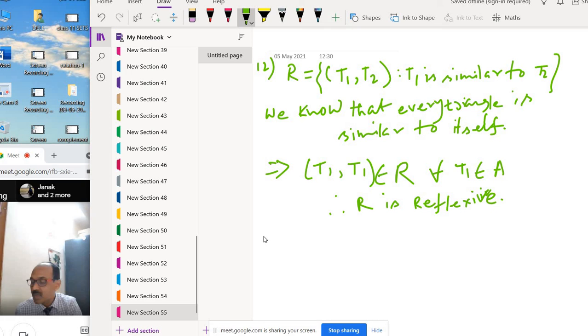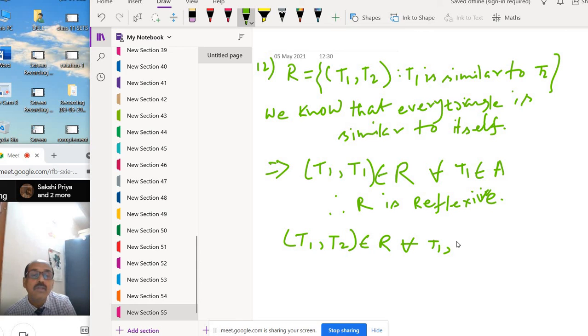So (T1, T2) belongs to R for all T1, T2, both triangles belonging to set A. From set A we are taking any two triangles T1 and T2.